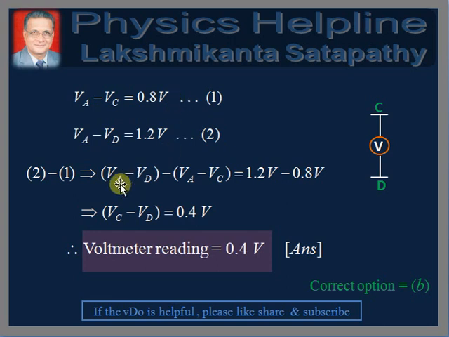So, equation 2 minus equation 1 will give VA minus VD minus VA minus VC, and on the RHS, 1.2 volts minus 0.8 volts. So, VA and VA get cancelled. Therefore, we get VC minus VD is equal to 0.4 volts. Therefore, the voltmeter reading will be equal to 0.4 volts, which is the answer to question 2. Therefore, the correct option is B.